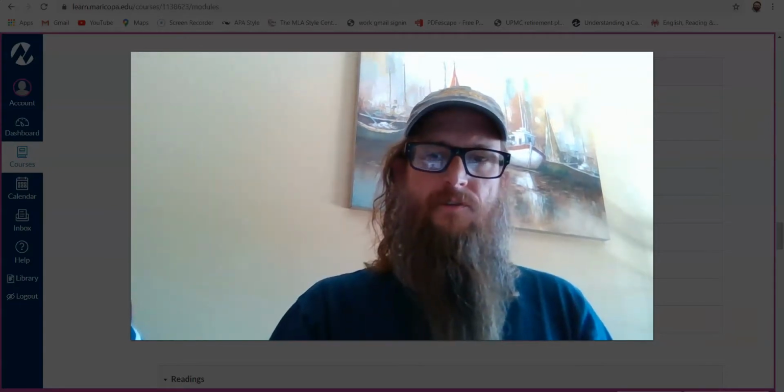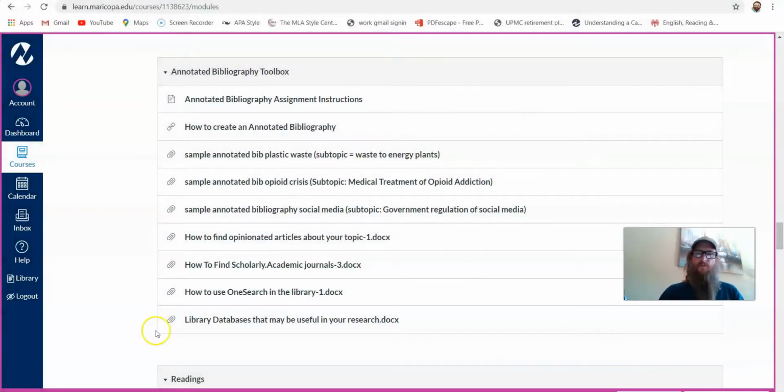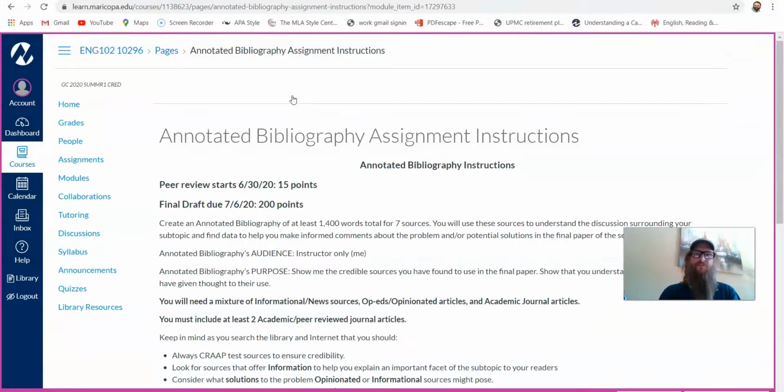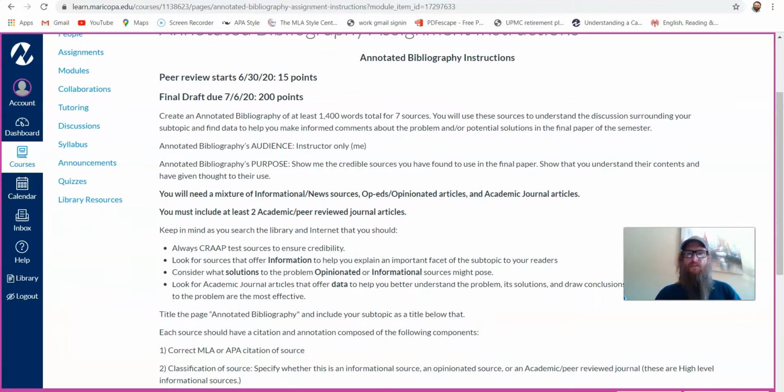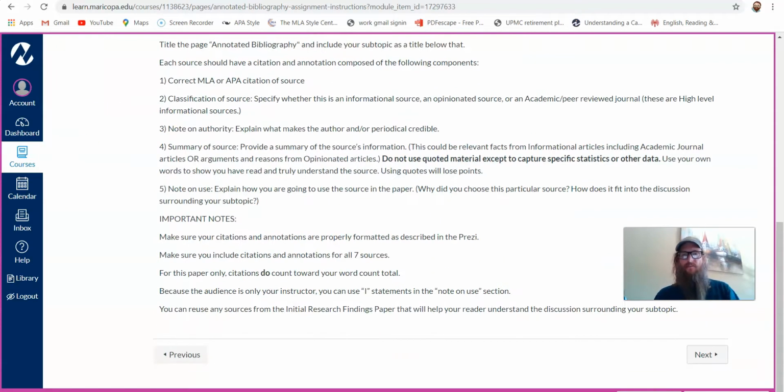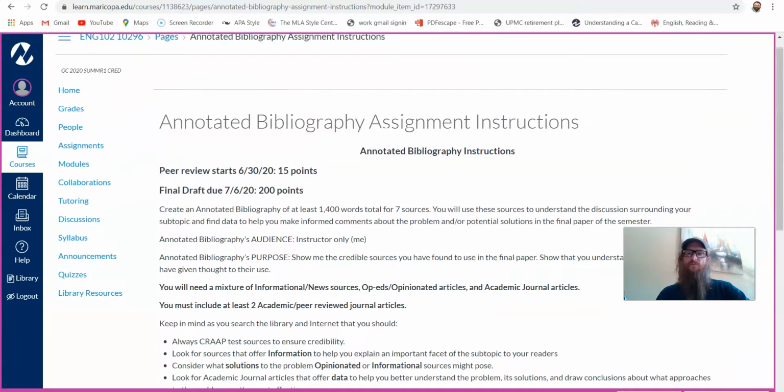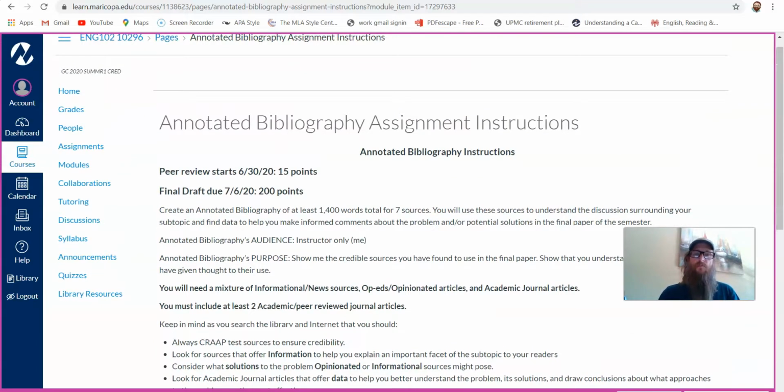Obviously, a good place to start here is the directions. I would never read the directions to you. That's not very interesting, right? I'm sure you can read just fine. But as you can see here, you need a total of 7 sources. However, like it says at the bottom, you can reuse some of the sources from the initial research findings paper if you like, as long as I didn't write you some kind of message telling you that one of those sources was not credible, for example.